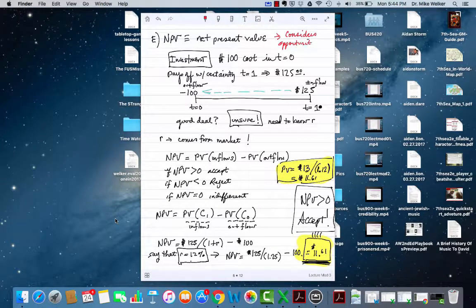So it's got some wisdom. Call it opportunities or sacrifices. And that's very crucial. You can always choose to invest at the market rate.